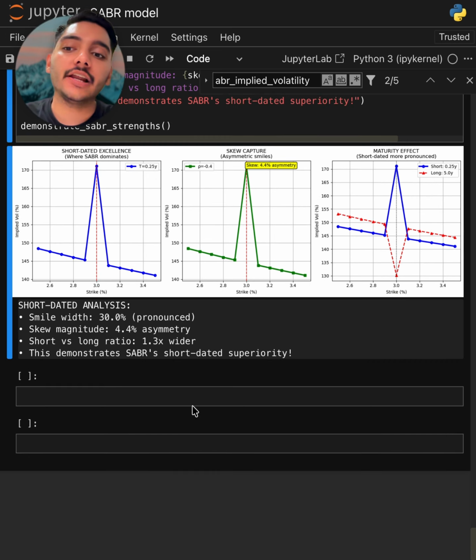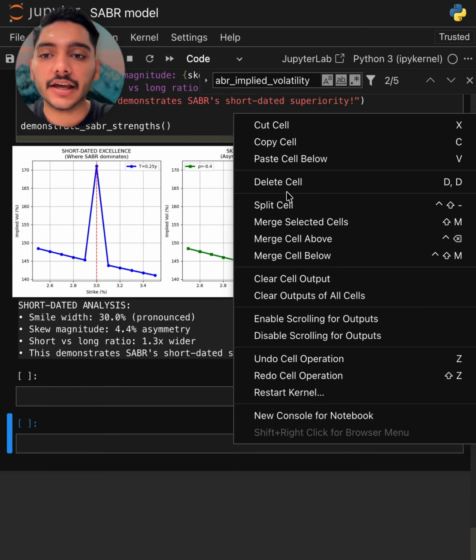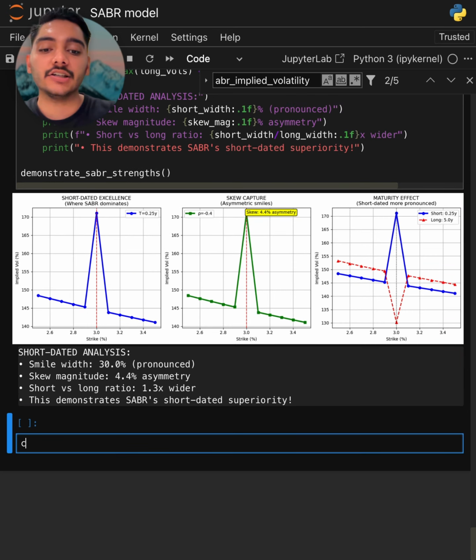We will develop the final SABR model, linking every function and every class we have defined above.